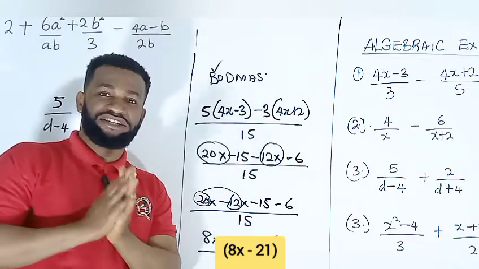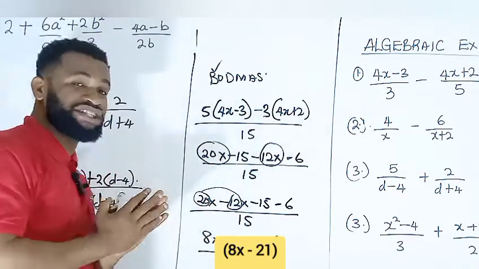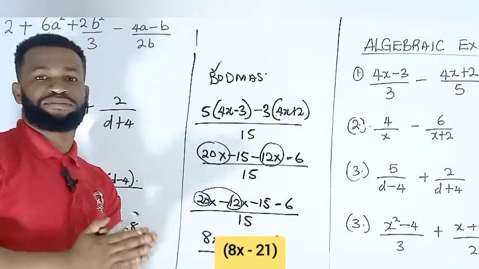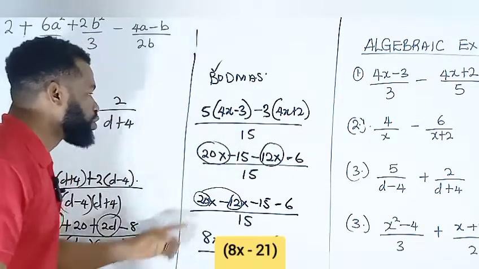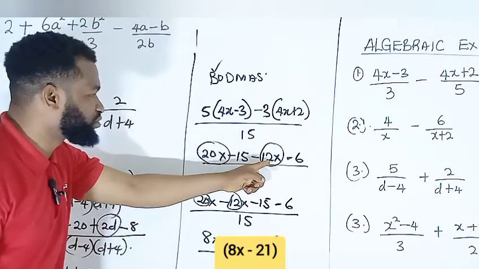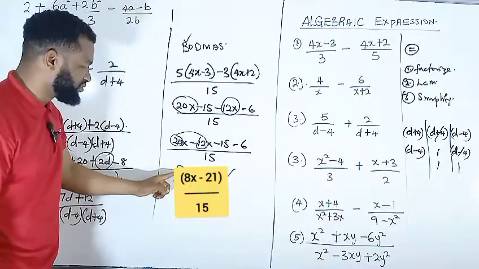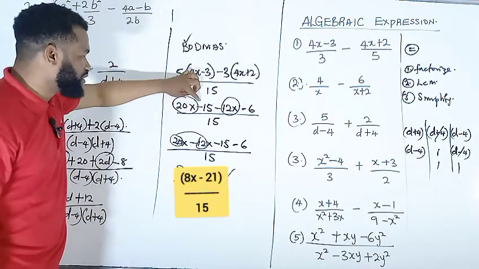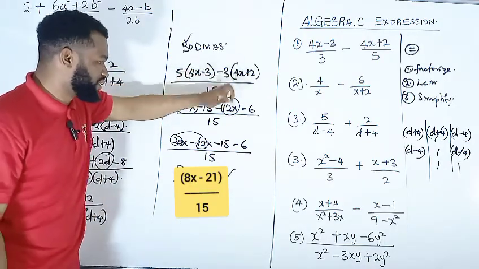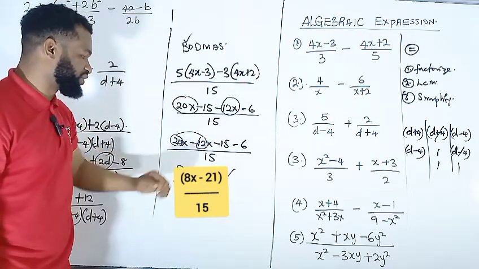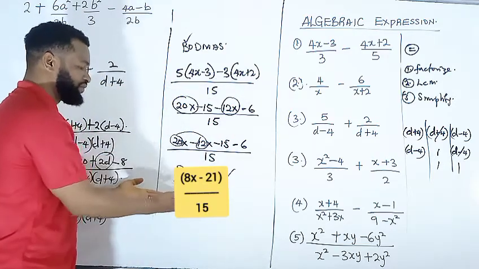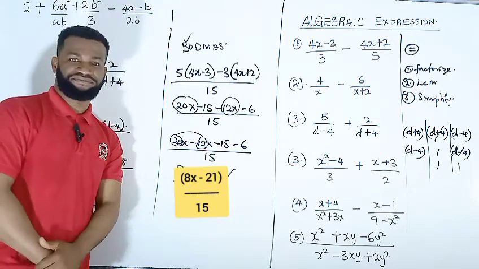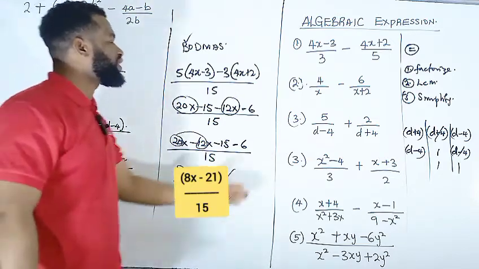Mathematics is in that format that you bring the things that look alike and add or subtract as the case may be. So 20x minus 12x is 8x. Then minus 15 minus 6, which I brought here, is minus 21, all over 15, and that is your answer.